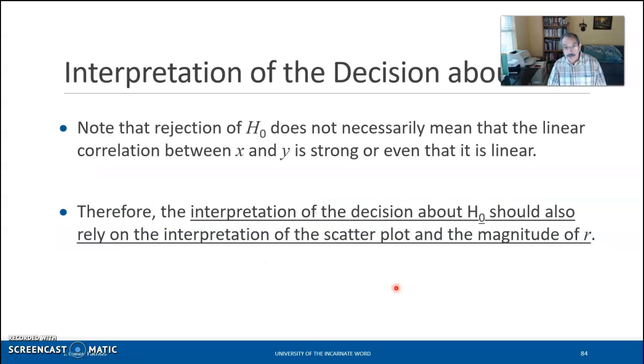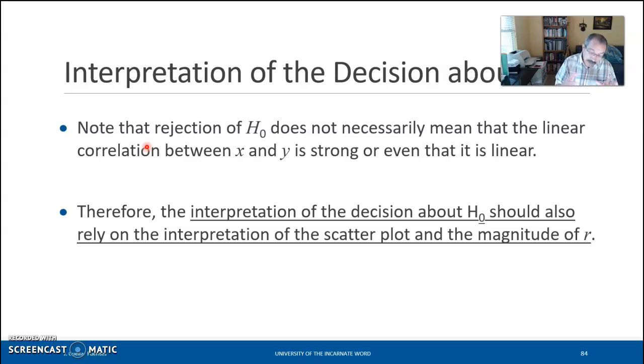All right, and one other thing that is important to realize when it comes to interpreting the decision about the null hypothesis is that rejecting the null hypothesis does not necessarily mean that you have a strong relationship between y and x. Maybe you have a lot of data, and that will detect a small correlation coefficient, which may mean nothing in terms of the relationship between x and y, but still the null hypothesis will say that it's significantly different from 0.